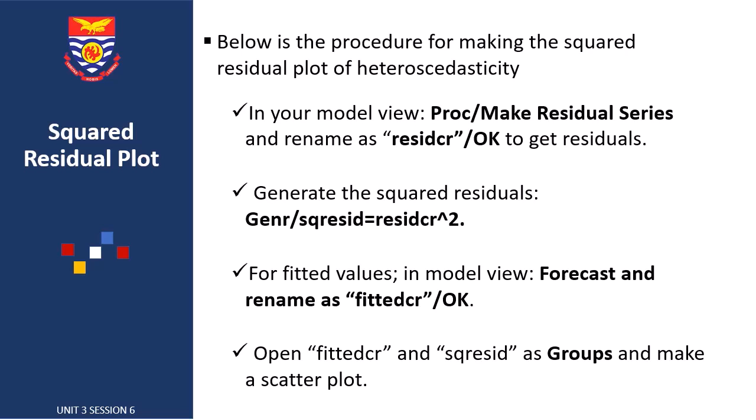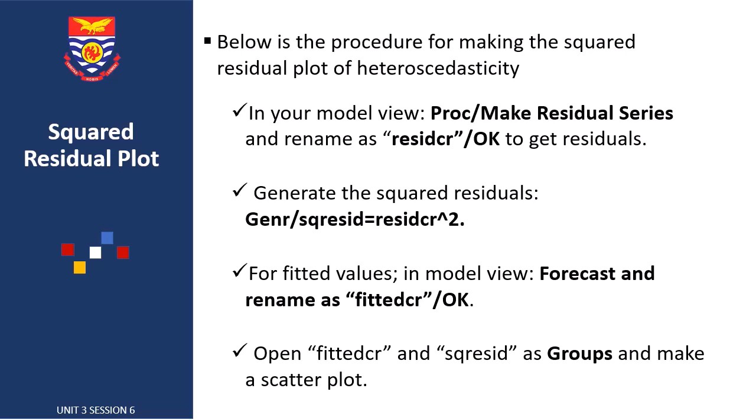So in your model view, you will select Proc. Then in that dialog box you make residual series. Here it is also advisable that before you do this, you have already loaded your dataset in the eViews application and estimated your regression analysis, so that you have your residuals in there after all this process.